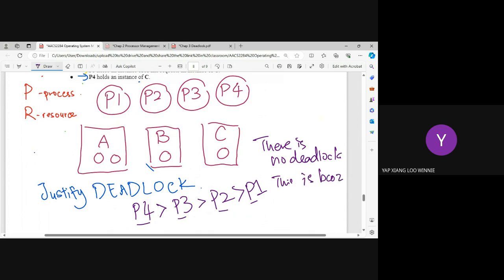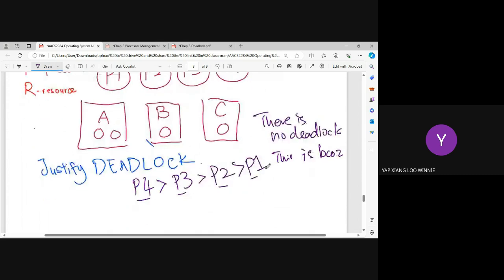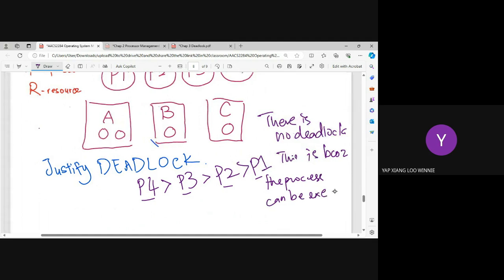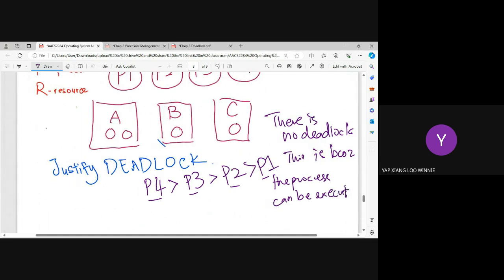I write a short form, you better not write this in your exam. This is because the process can be executed in a sequence of, and then you follow by this thing.